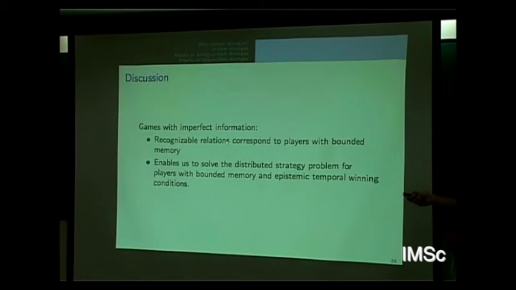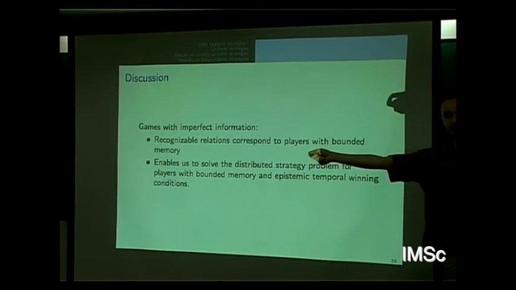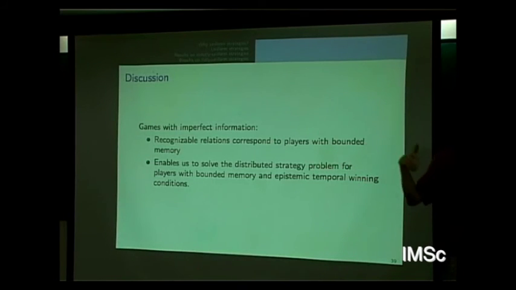So recognizable relations, intuitively, because they are recognized by a finite state automaton that reads a word and then another word and then decides. It means that it only considers a bounded information on each word. So if you want to see that as relation for epistemic agents, it corresponds to agents having bounded memory.